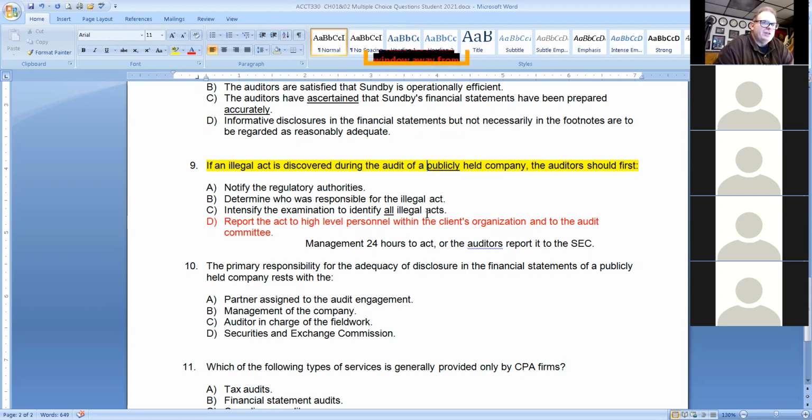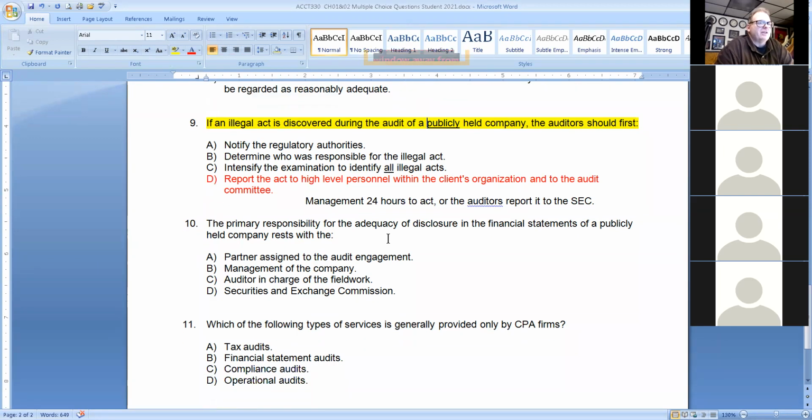Because you have a fiduciary duty to the client. You can't just go running to the police department and start pointing fingers. You have a fiduciary duty to your client. So you probably end up getting a lawyer. I know that doesn't sound like a very good answer, but that is the answer.